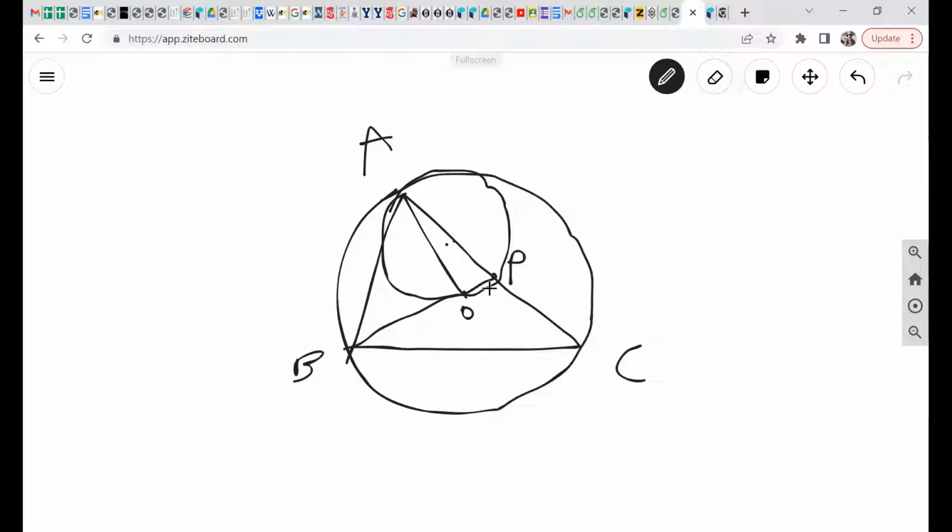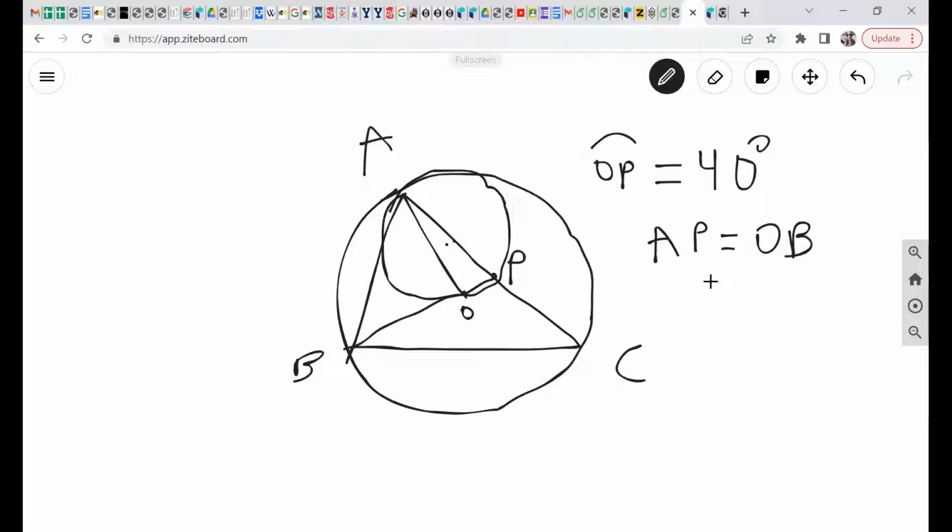And let's say that arc OP has measure 40 degrees. And we also know that AP equals OB.